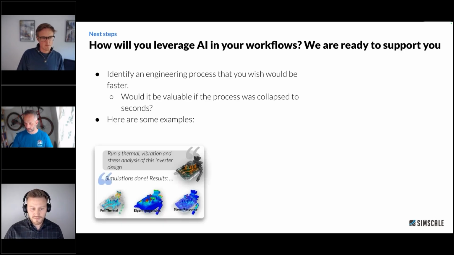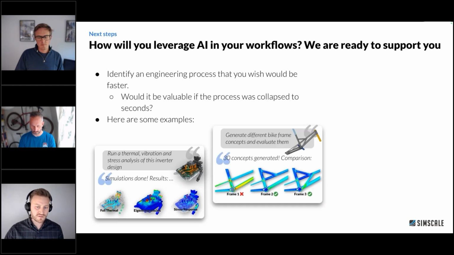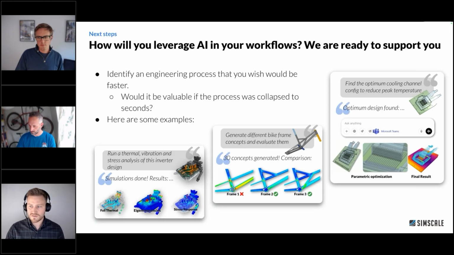Some of those examples are running stress analysis or frequency analysis or thermal analysis in seconds using physics AI, generating different design concepts and finding optimal designs, and really compressing the RFP response time, making use of data that you've already built up. John, was there anything you wanted to add at this point?